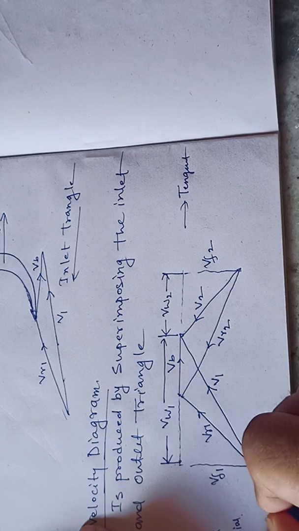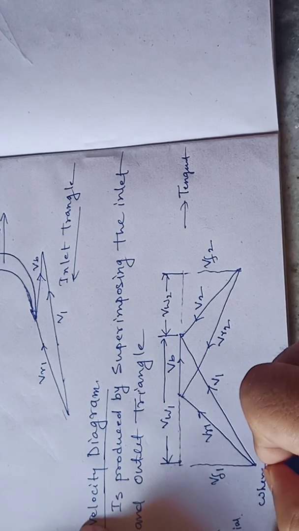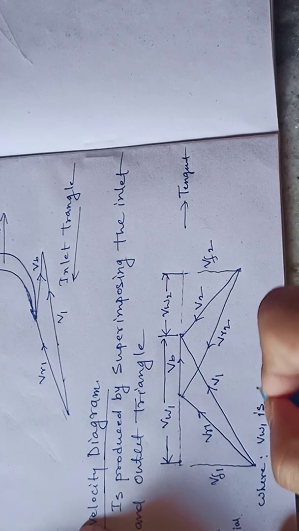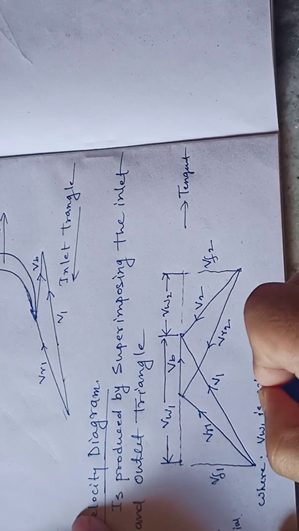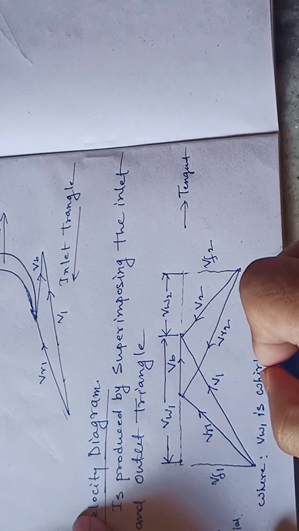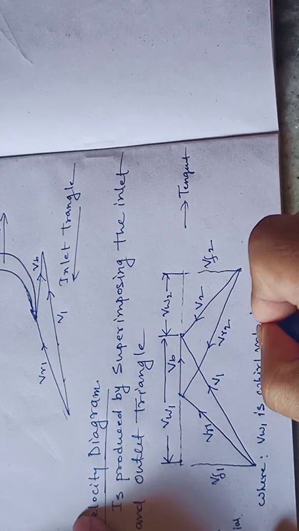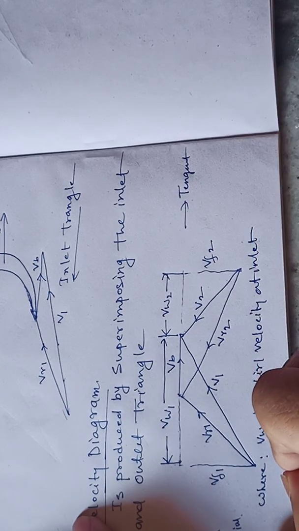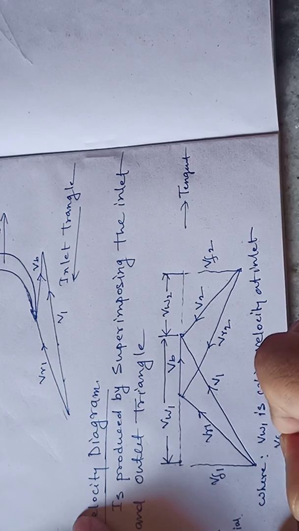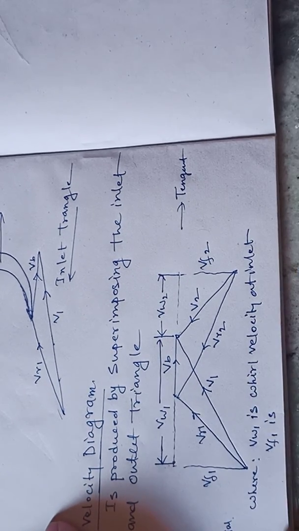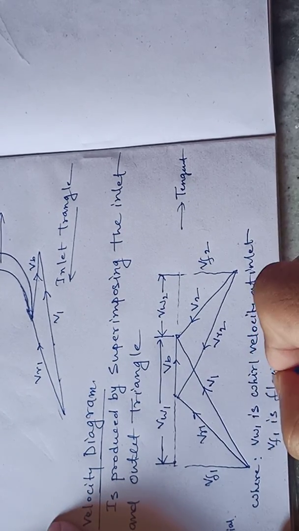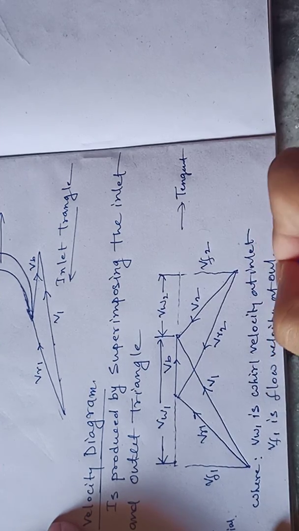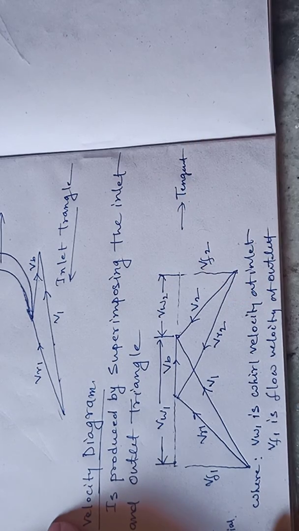Here Vw1 is the whirl velocity at inlet, Vf1 is the flow velocity at inlet.